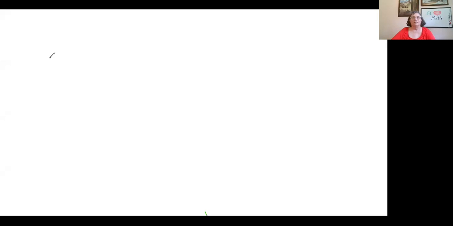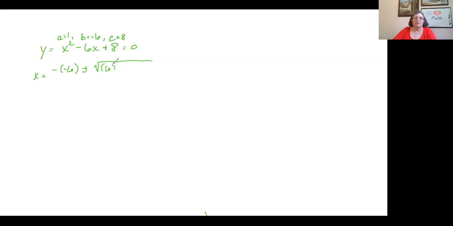If we take this same equation, y equals x squared minus 6x plus 8, and instead of solving this when it's set equal to 0 by factoring, if I were to use the quadratic formula, where a equals 1, b equals -6, c equals 8, I would have negative -6, that is 6, plus or minus the square root of -6 squared minus 4 times 1 times 8, all over 2 times 1.